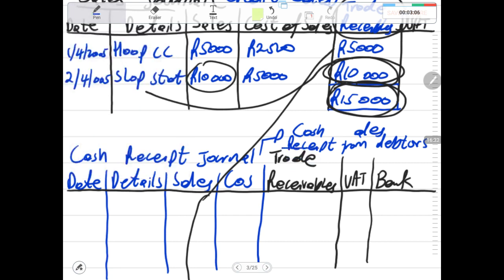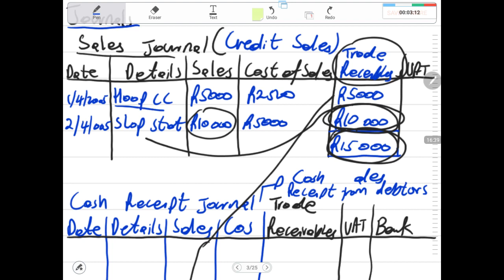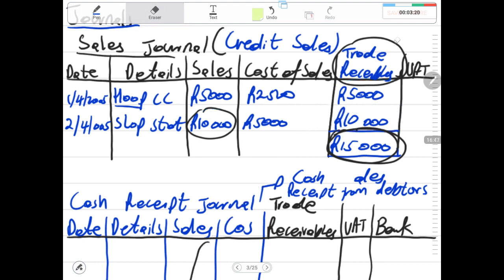Why do we have another trade receivables in the cash receipt journal? It is because whenever one of the customers whom we previously sold inventory on credit is paying us back, we need to acknowledge that the money that we have received is for the payment of the account of the specific customer.